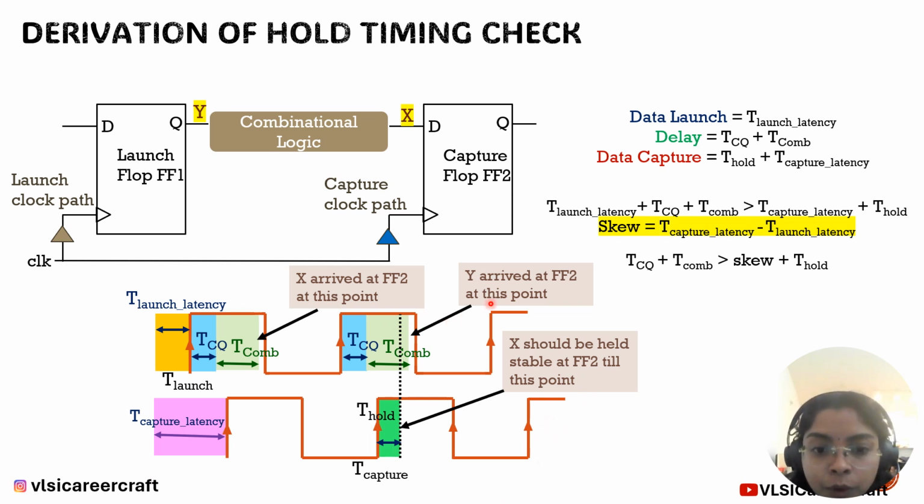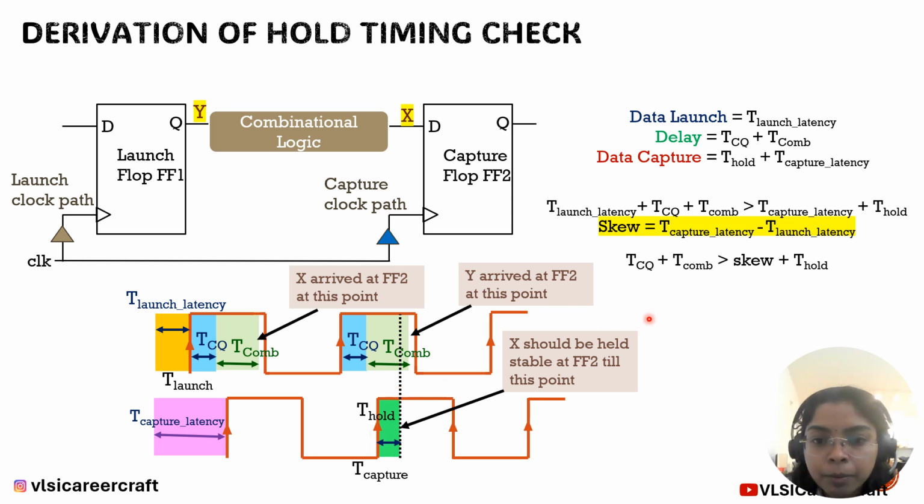But in case Y arrives before this point, X is not captured and Y is captured, so the first data is lost. So we need to make sure that the time at which Y is arriving should be greater than the time till which X should be held stable.